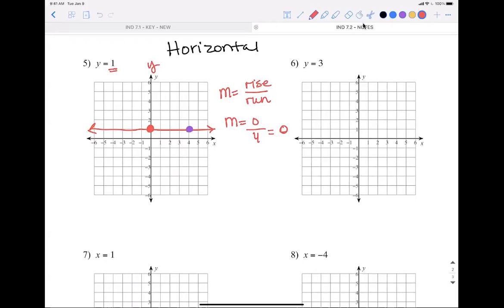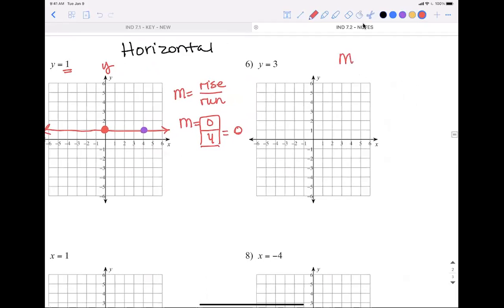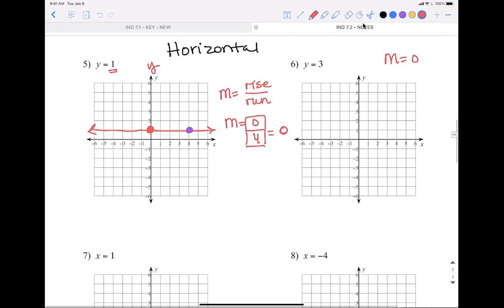It doesn't matter where it's at on the graph. The slope of every horizontal line is 0. And you don't have to do this math right here. If I ask you the slope of number 6, slope equals 0 every time. And the kind of silly memory trick for that is there's a Z in horizontal, Z0 horizontal.